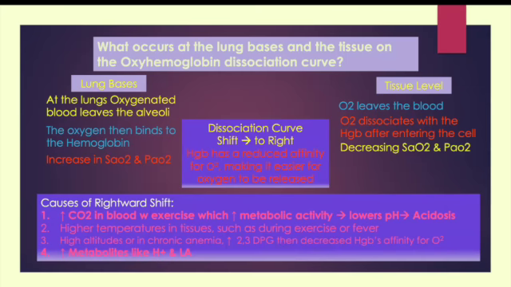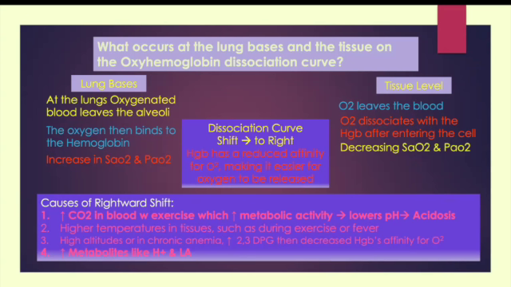And guess what? You have an increased SAT or SaO2, and you have an increased PaO2. Now, at the tissue level, this is after the lung has bound the oxygen to the hemoglobin, and your SATs are increased, your SaO2 is increased, and it's delivering it to the tissue.